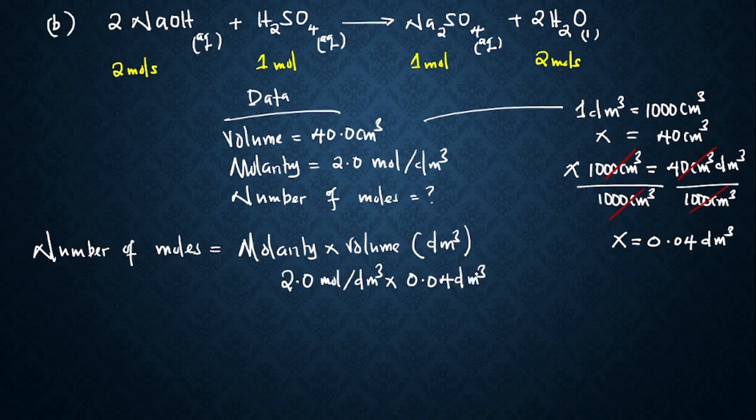So when you multiply 2 by 0.04, that is going to give us 0.08 moles of sulfuric acid, which reacted with the 8.0 grams of sodium hydroxide.